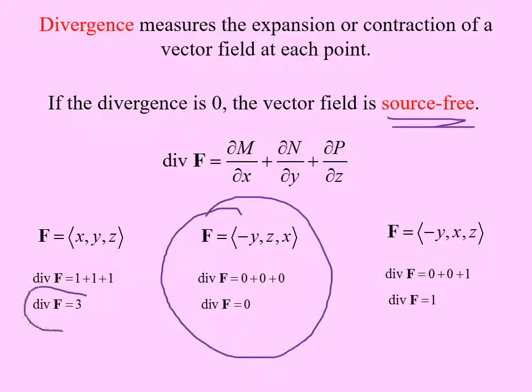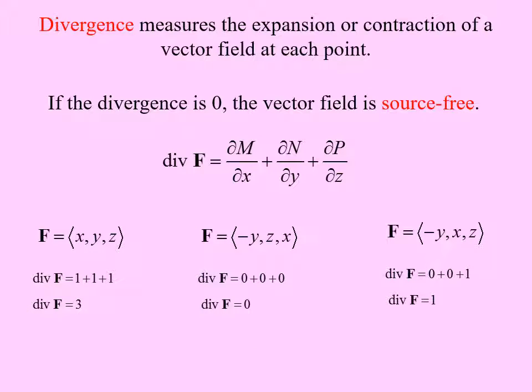This vector field is more divergent than this vector field. There's more going on, there's more expansion in the first vector field than in the third one, and there's not any in the middle one. But again, it's a comparative number. So anyway, that's the measure of divergence for those three.